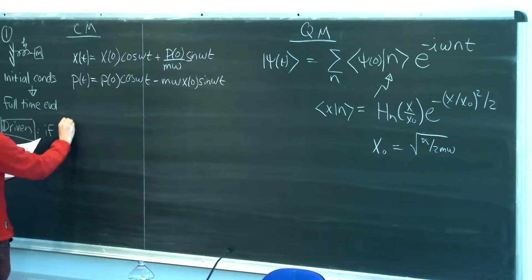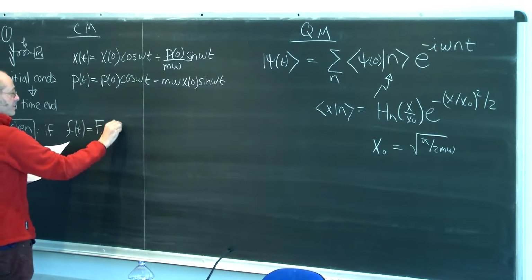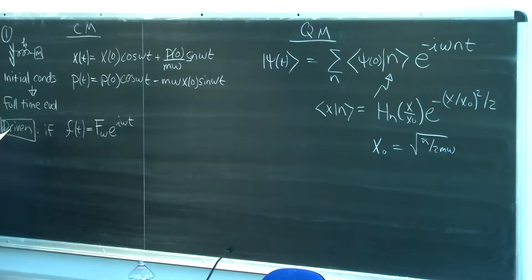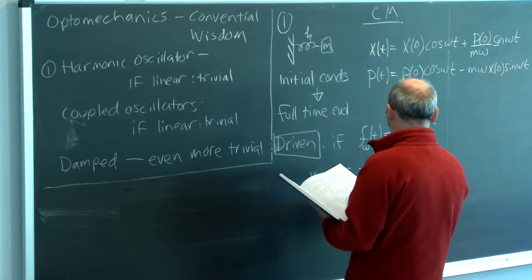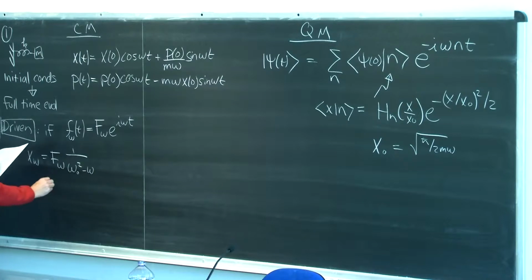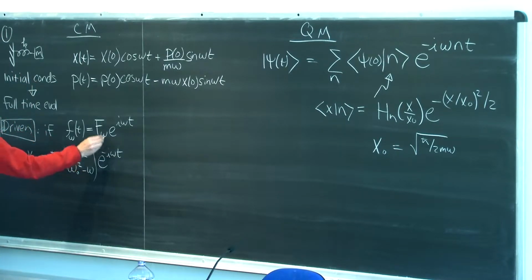If the force that's doing the driving is harmonic in time, so if it's just an oscillatory force, then the motion, so let me call that F sub omega for an oscillatory force at frequency omega, then the resulting motion due to that force is just given by its amplitude, a factor that sort of asks whether or not the frequency is being applied at or near resonance, and then the motion is at the same frequency as the applied drive.